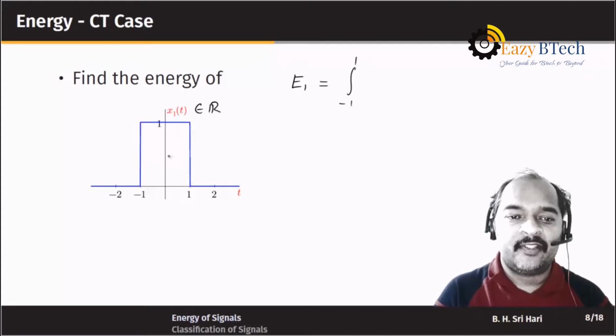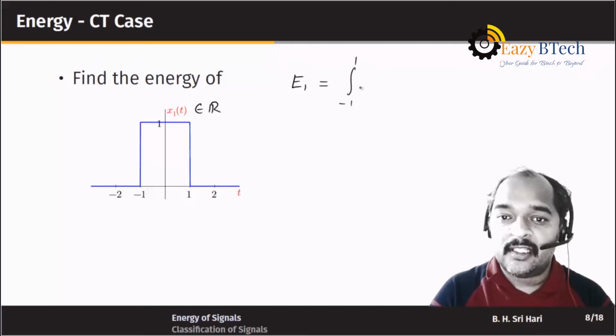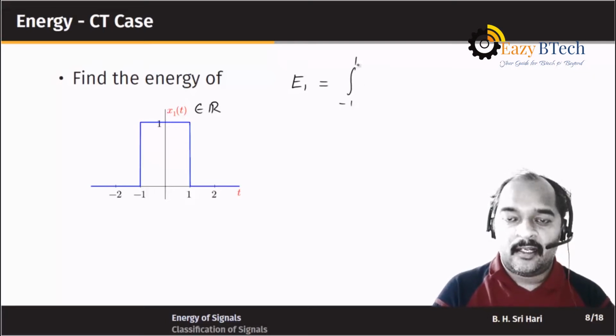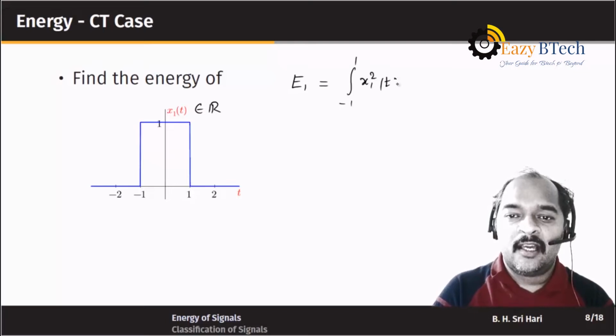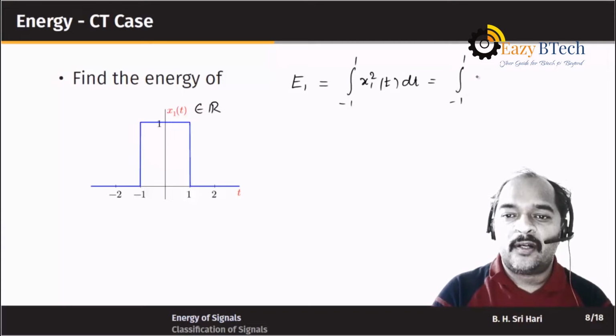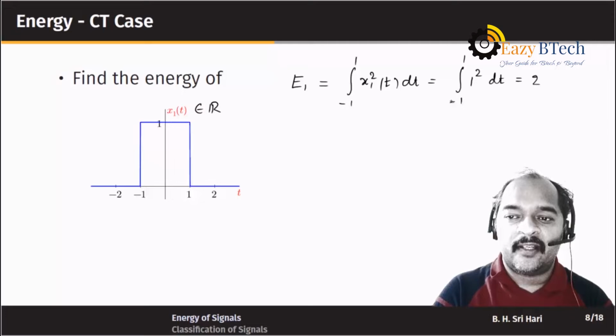Because the amplitude of the signal for all values of time is a real number. Hence we can use the integral from minus 1 to 1 of x1 square of t dt. No need of putting modulus; even if you put modulus, there is no problem. That would be equal to the integral from minus 1 to 1 of 1 square dt, which simplifies to 2.